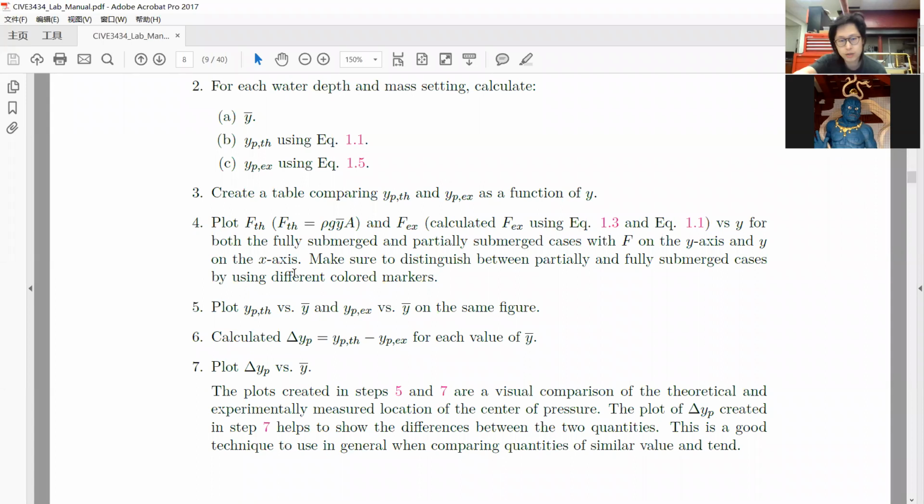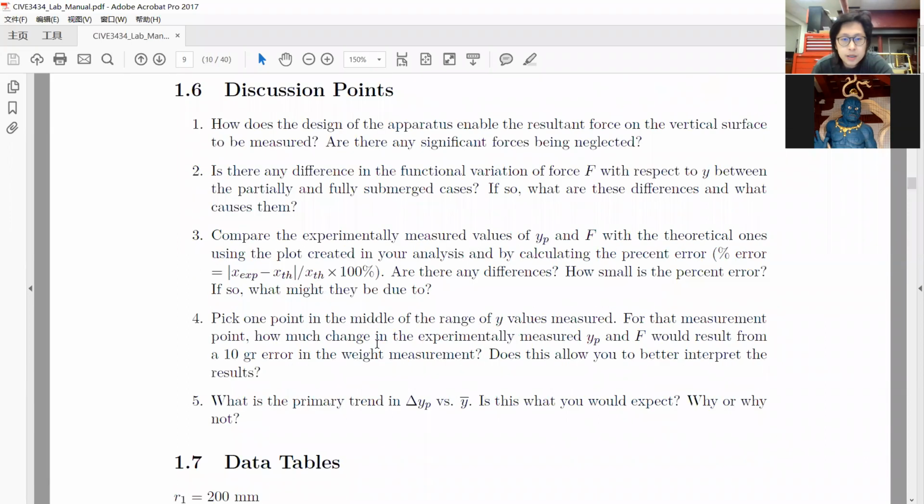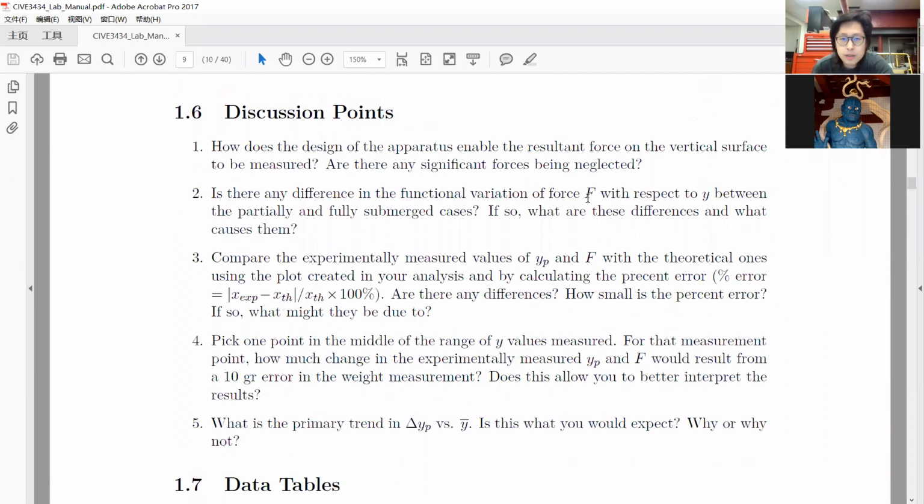The rest of it is just the data analysis part, but everything in here you're able to calculate. Just follow the instructions and you're able to calculate everything. The discussion points are basically conceptual questions about this lab, and I hope you can answer them using your own words.